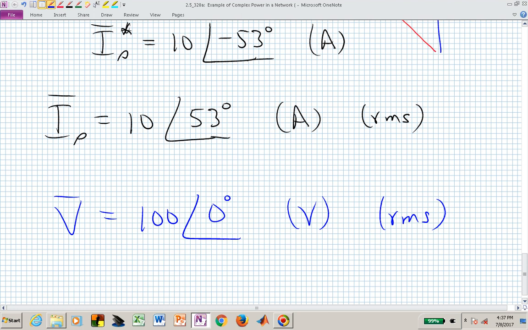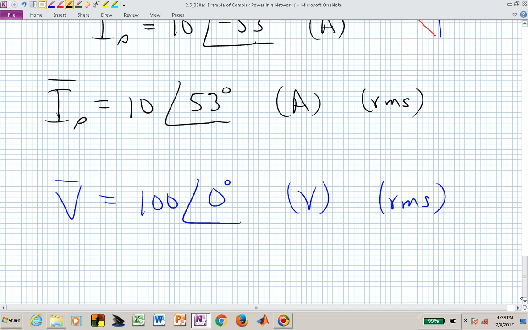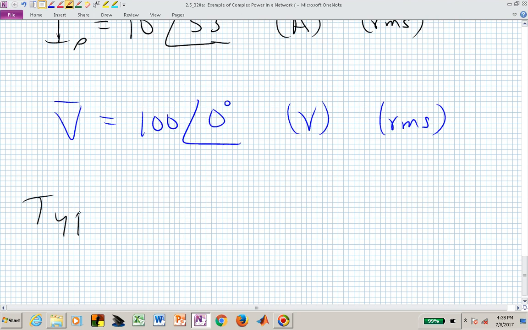So now that we have the current and the voltage, we can say a little bit more about the net effect of those three loads in combination. In particular, what kind of a load does this present in aggregate to our source? What's the type of load that our source is seeing?